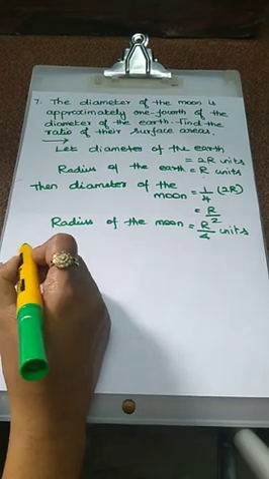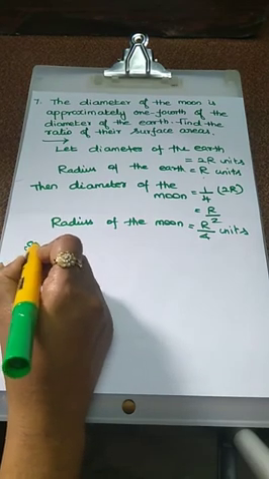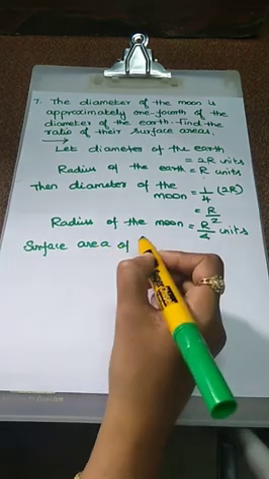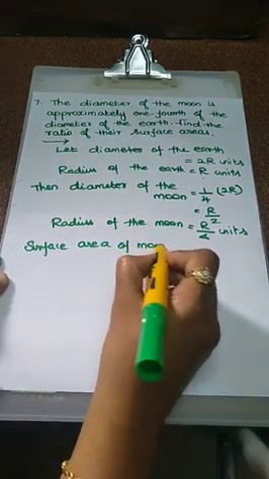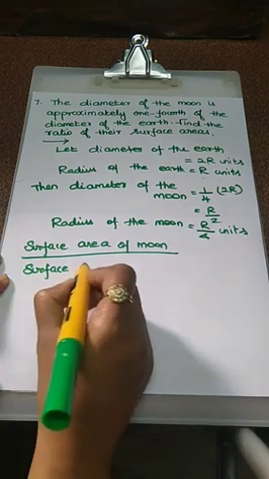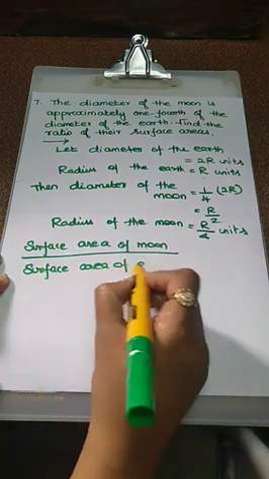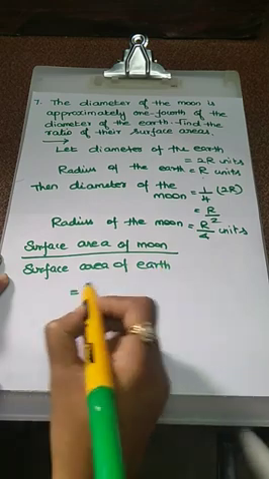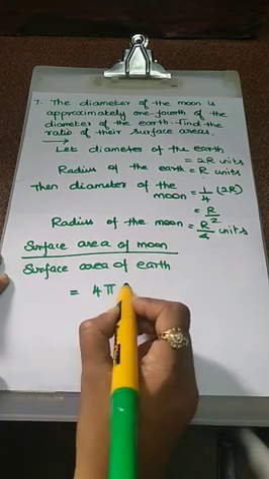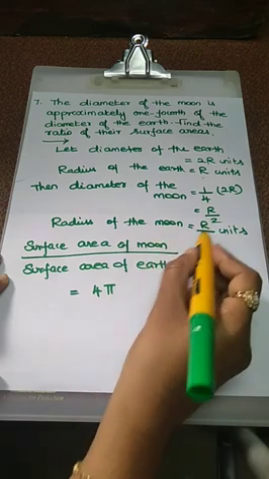Now we find the ratio of the surface areas. Surface area of moon divided by surface area of earth. What is the formula? 4 pi r square. First the moon value. What is the r value? R by 4.